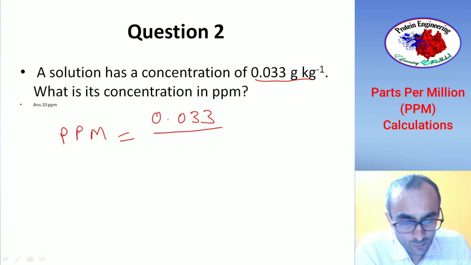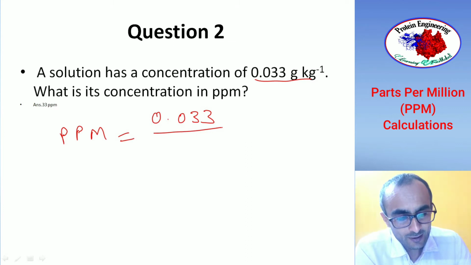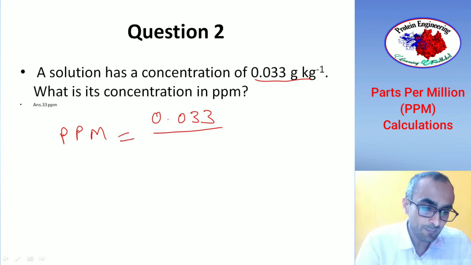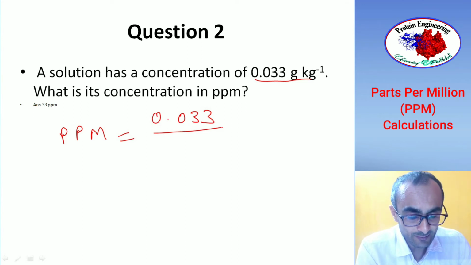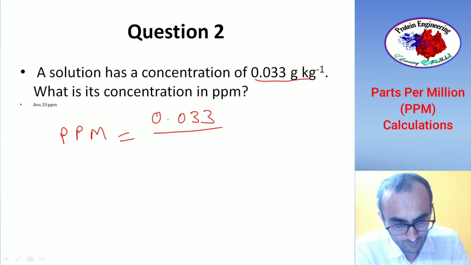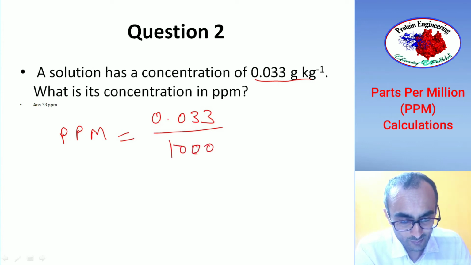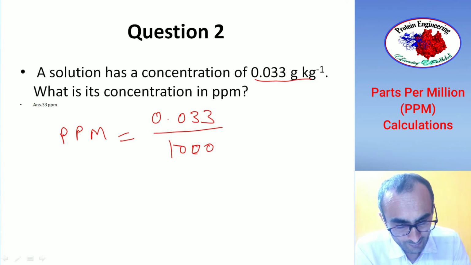Solution is per kilogram, so in 1 kilogram you will have 1000 grams. Because both the units should be the same here, that's an important point to remember. So 1 kilogram is equal to 1000 gram, and then you multiply with the factor 10 to the power 6.